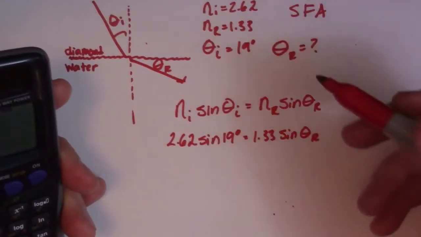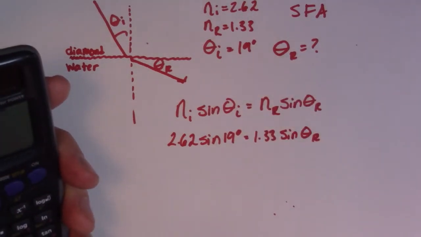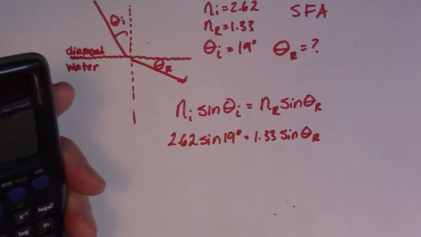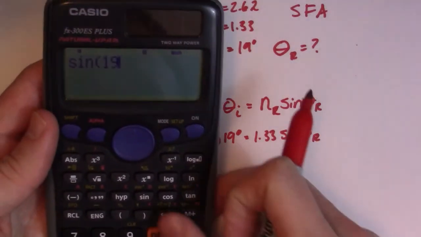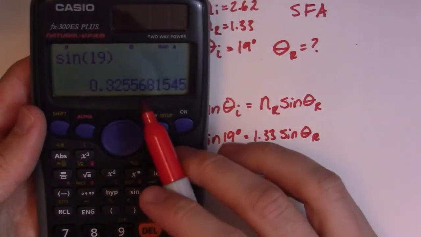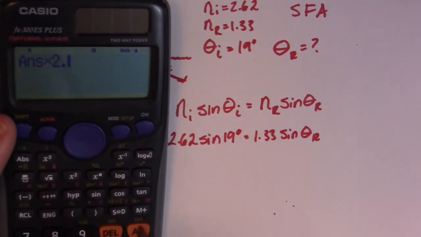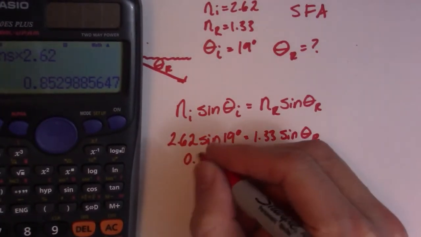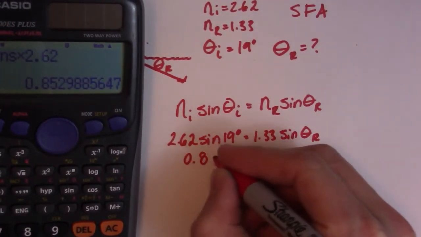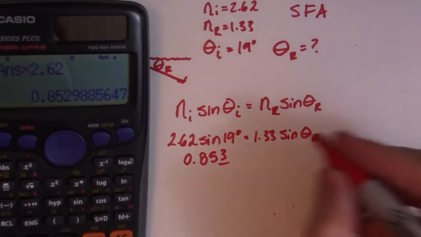I have two significant digits going on here, so I'm going to try to keep my answer to that. So sine 19, I'm in degree mode, is equal to that decimal. Then I'm going to times it by 2.62, so I'll have 0.853, and I'll underline that last number because it's not significant.